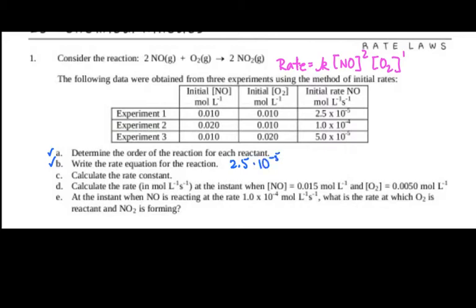I prefer, instead of writing moles times liter to the negative 1, I just usually write that as molarity over seconds. That's going to equal K, which is what we're solving for, times my concentration of nitrogen monoxide, which is 0.01 squared, times the concentration of oxygen to the first power.